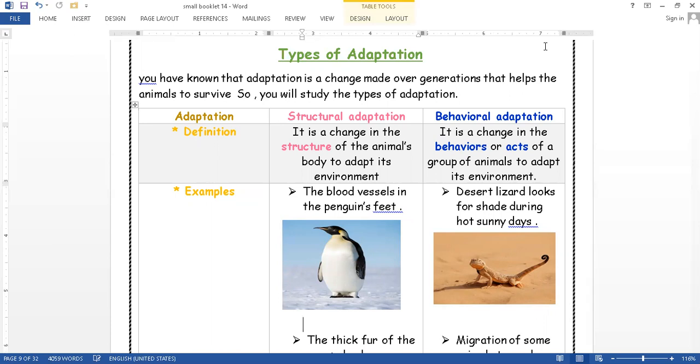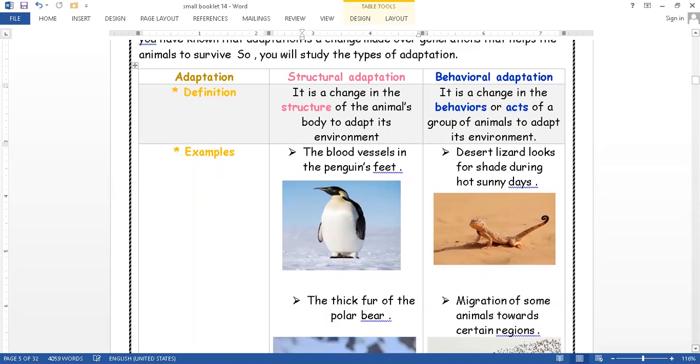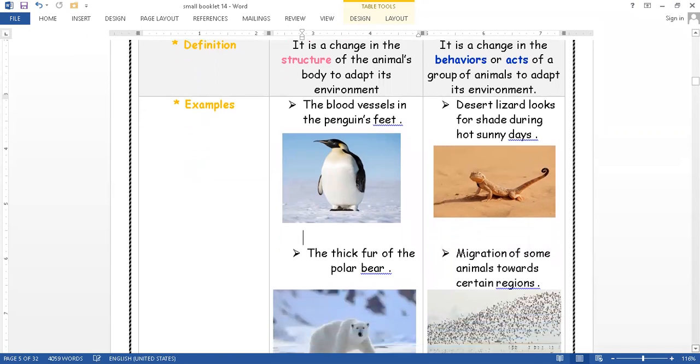Or in case of the polar bear, it has a thick white fur. It's also something in its components, so it refers to structural adaptation. But on the other hand, we have the lizard, or desert lizard in general.